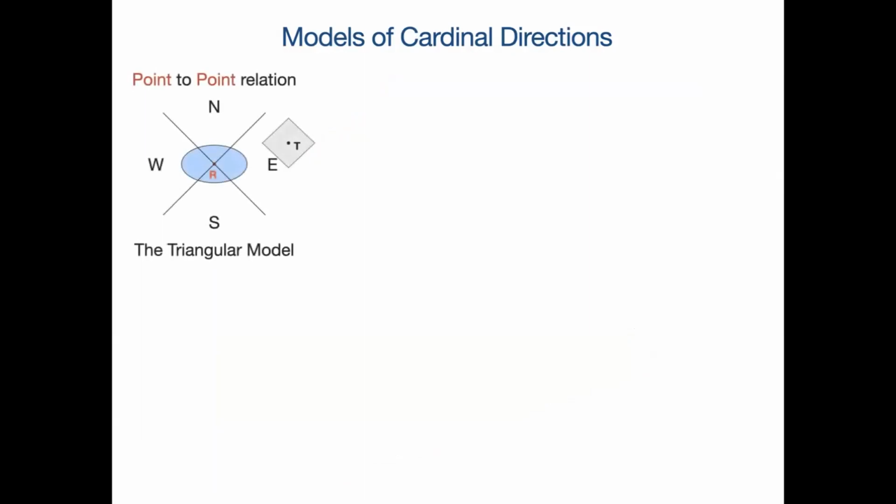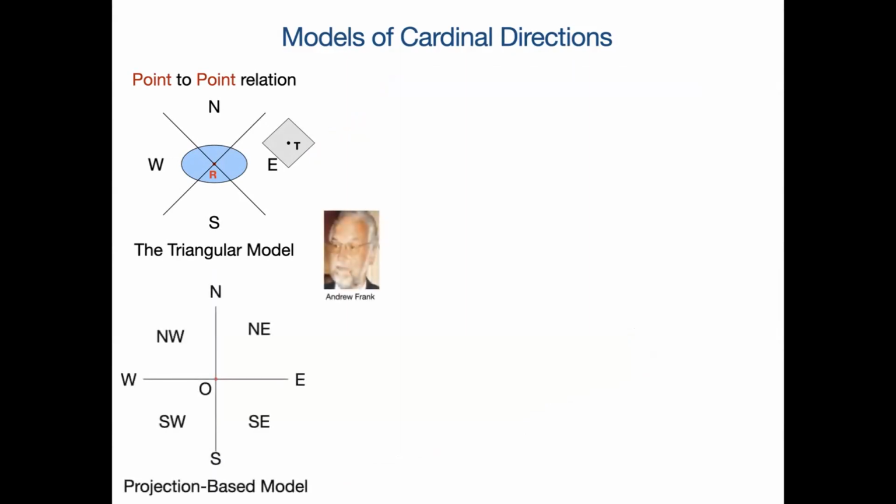So then there are several models we are talking about using to define the direction relations. First, we are introducing the point-to-point direction relations. The first approach approximates the extended object as a point-like object. First, the triangle model was introduced, and it captured the direction relations.